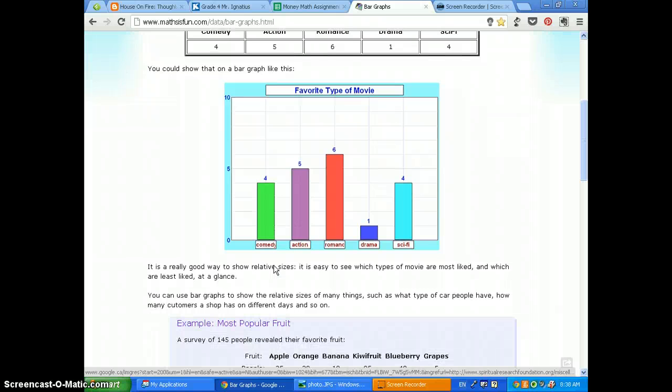And you can look at it right away and say which was the most popular movie type. Looking at this, what was the popular movie type? Yes, romance, right, with 6. And you could do that by looking at the number at the top or looking at the fact that the bar is higher than everything else, right? Everyone sees that? Okay.